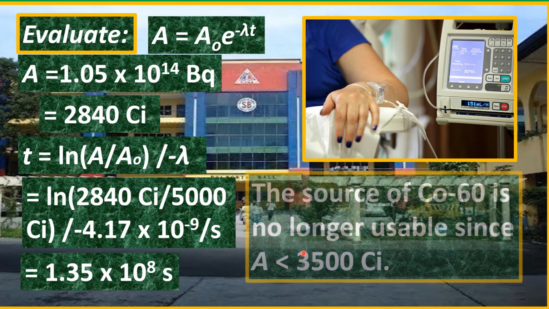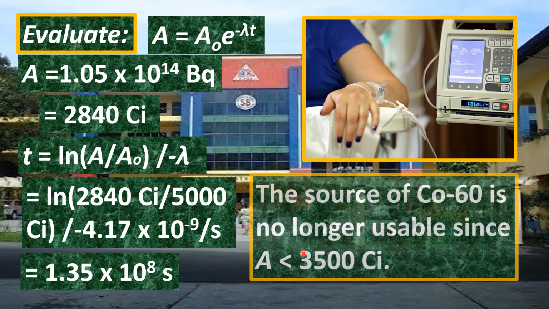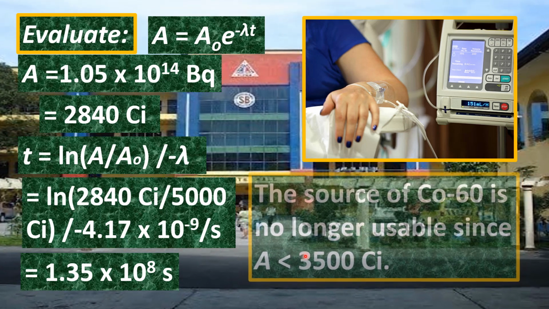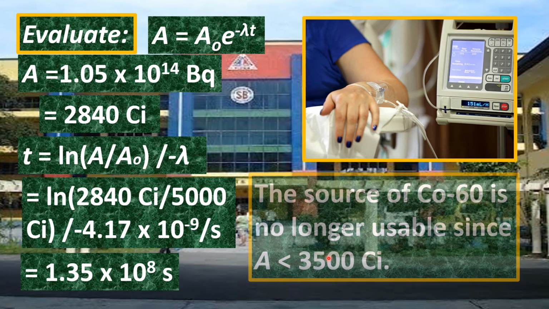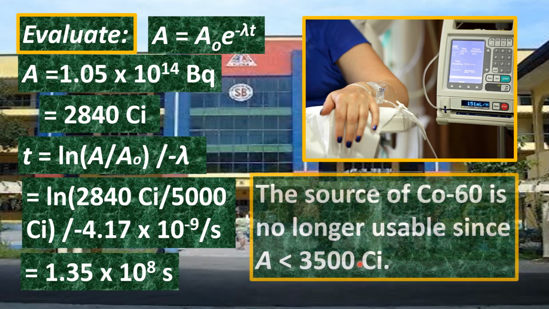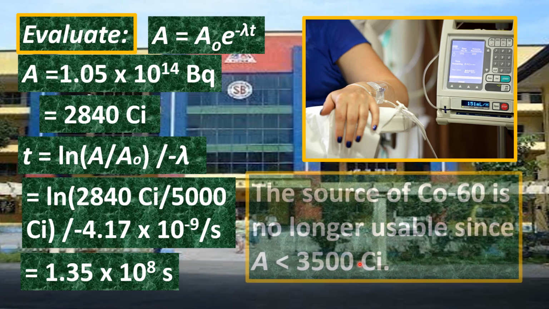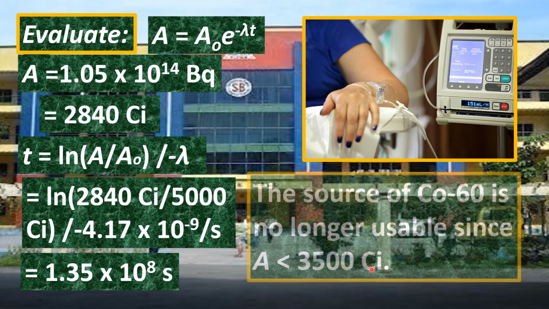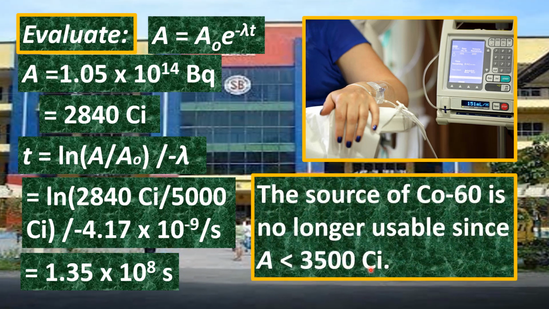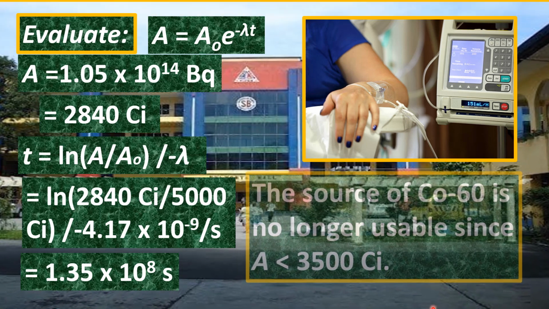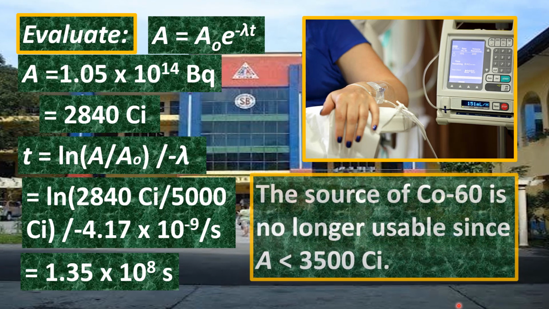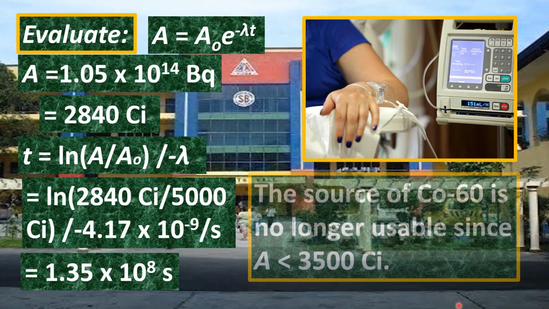That is pretty close to the half-life of cobalt 60, which is 5.271 years. So indeed, the radioactive isotopes used for cancer therapy in this scenario is already beyond its what we call shelf life and is no longer effective.